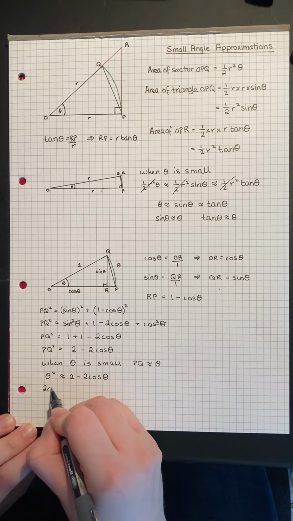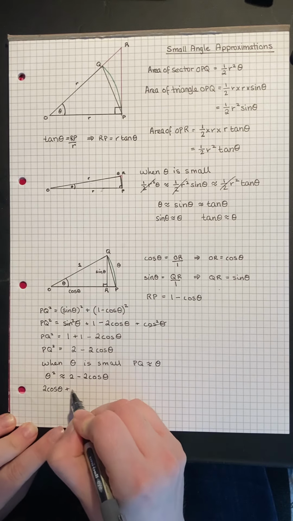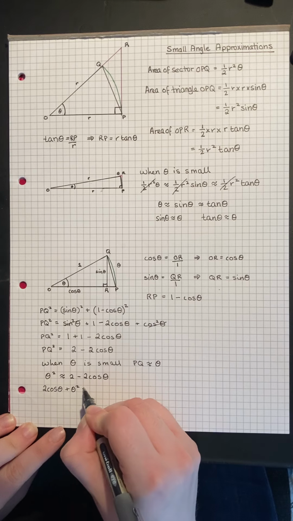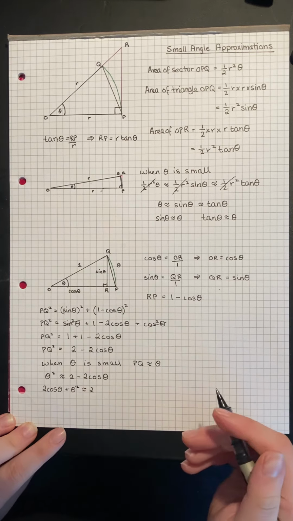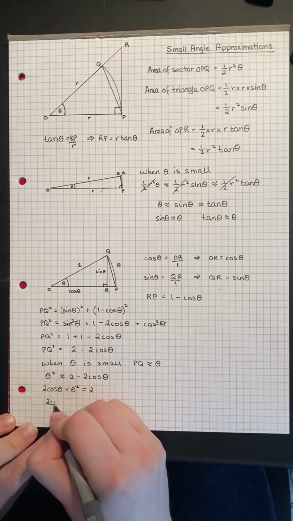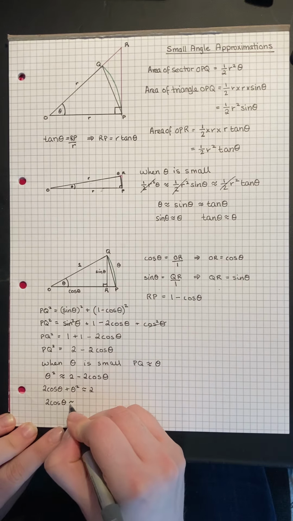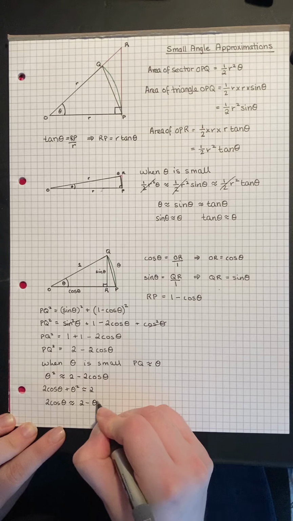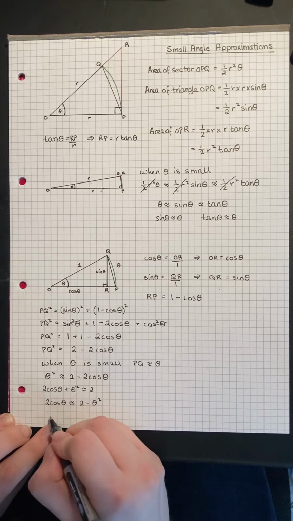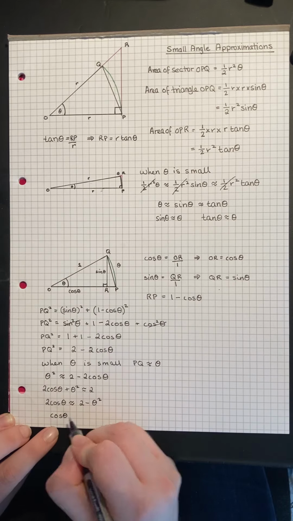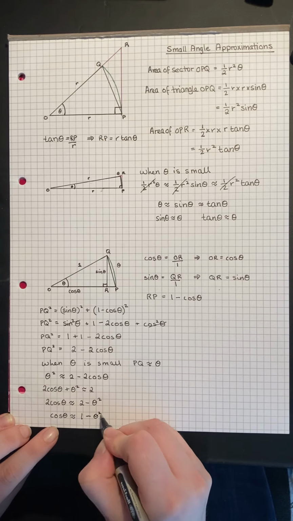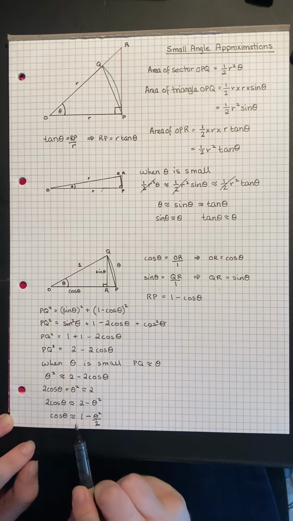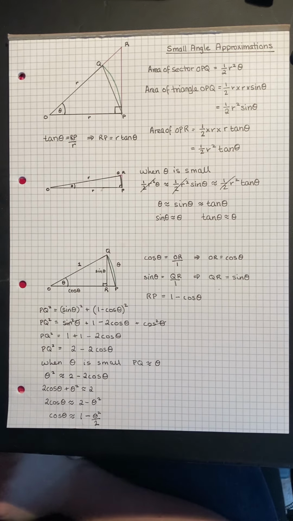So we get 2 cos theta plus theta squared approximately equal to 2. Let's subtract theta squared from both sides, so we end up with 2 cos theta approximately equal to 2 minus theta squared. And dividing everything by 2, we end up with cos theta is approximately equal to 1 minus theta squared over 2. And that is the small angle approximation for cos.